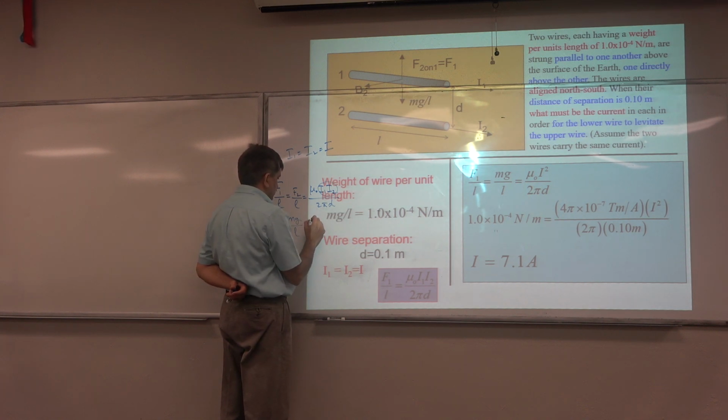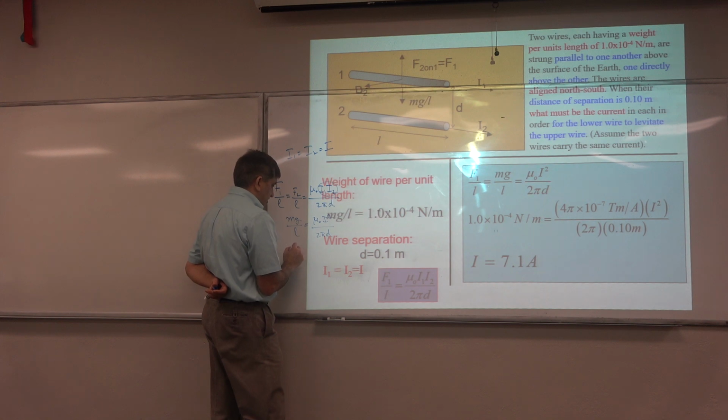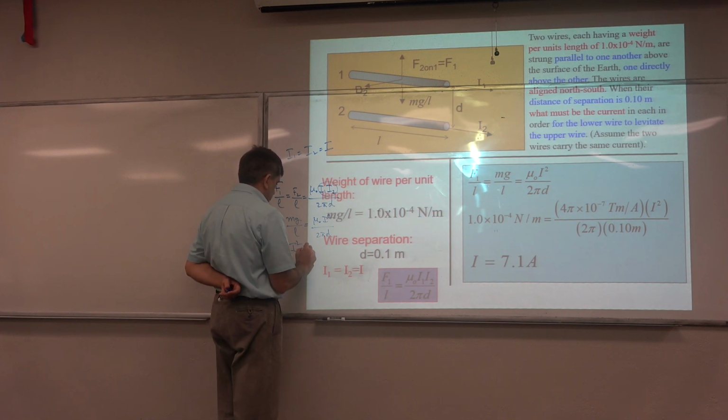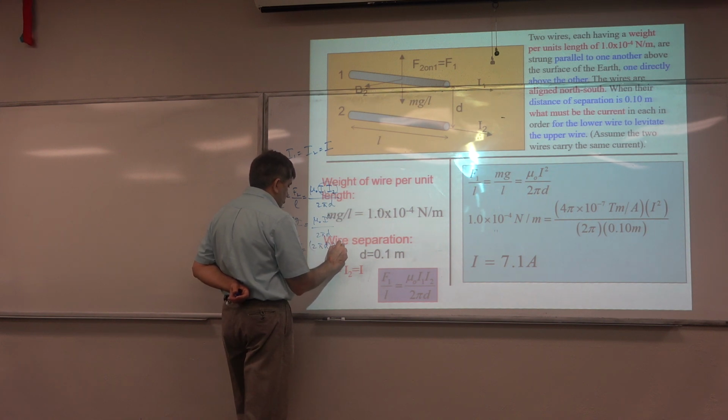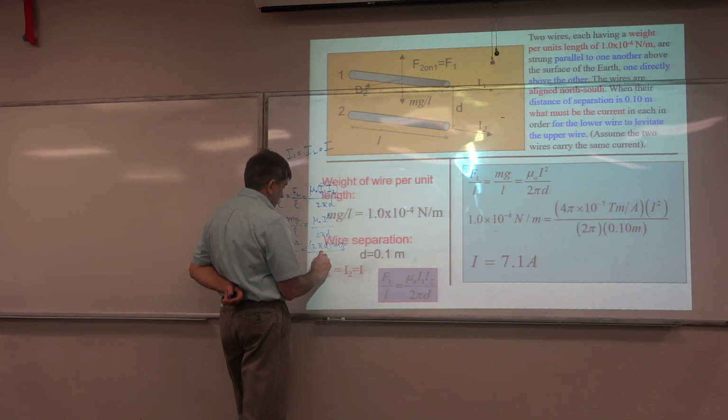This is equal to mu naught times I square over 2 pi d, and from here I rearrange it, so I square is equal to 2 pi d times mg over L, divided by mu naught.